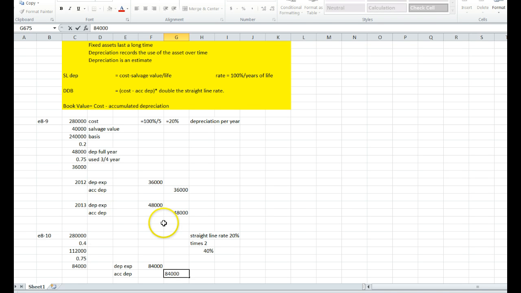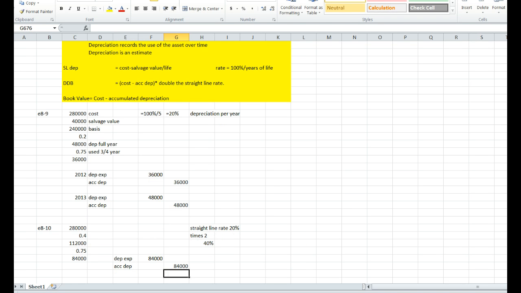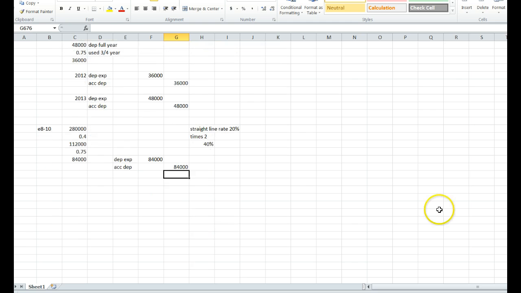Okay. So sometimes what we do is a little table here, just to keep track, to make it a little easier. Here's cost. Here's our expense for the year. Here's our accumulated depreciation. And here's our book value. All right. So for year 1, 2012, cost was 280.